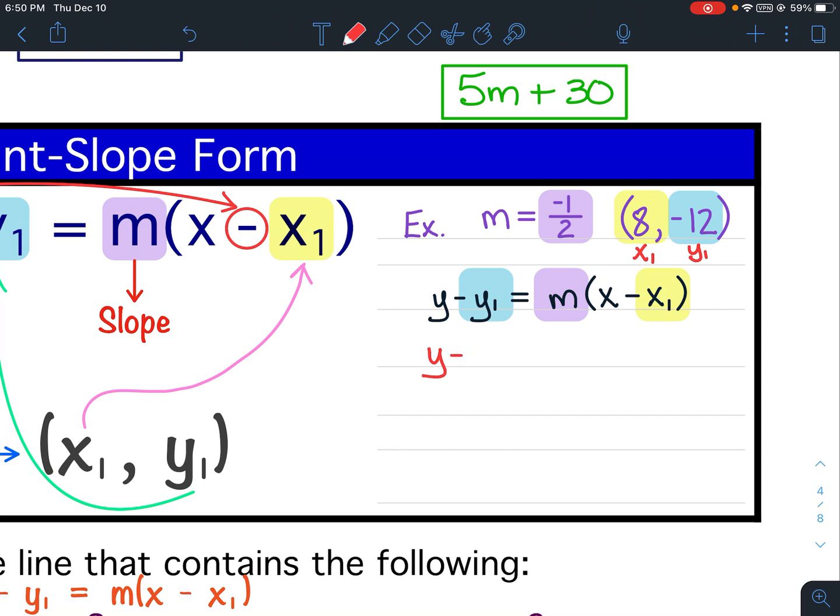So I'm going to do y minus negative 12 like this. So I've got minus negative 12 equals, well, the slope is negative 1/2. And then x1 is 8. So minus 8.